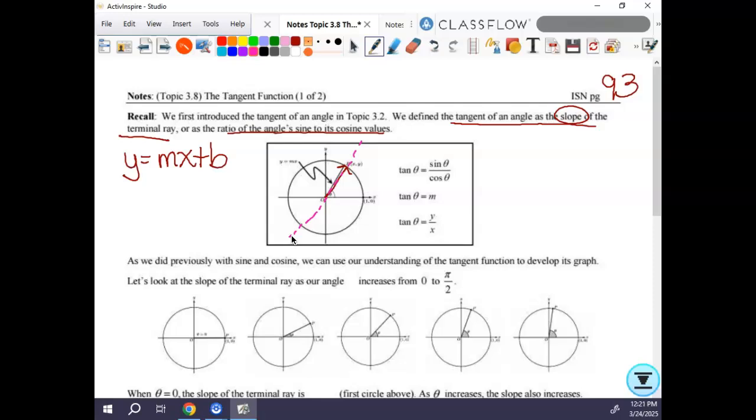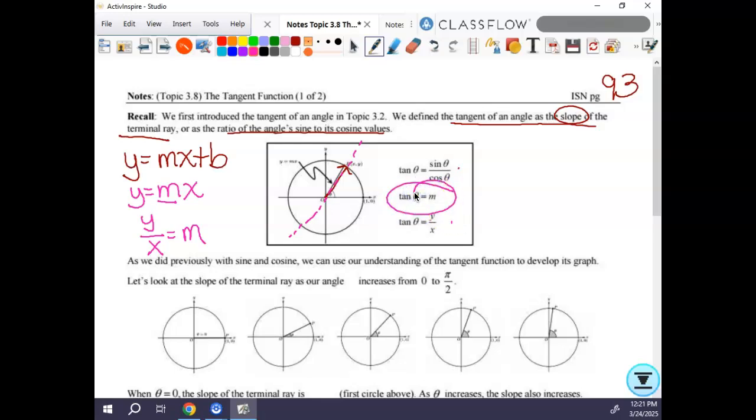That line goes through the origin, which means your y-intercept is 0. So basically, it's just y equals mx. And then if I want to solve for the slope, I divide both sides by x and get y over x equals the slope. Well, in a unit circle, y over x is sine over cosine. That's what it says right here. Tangent is sine over cosine. Tangent is y over x.